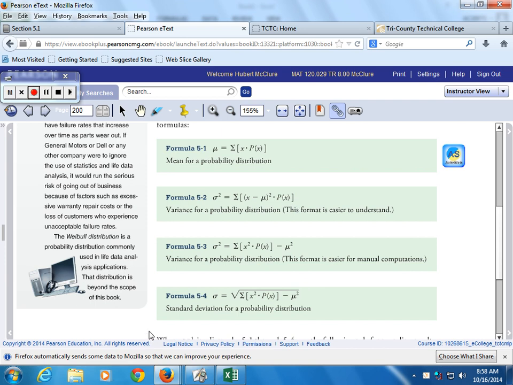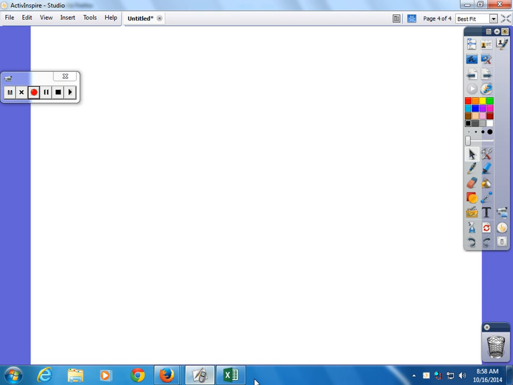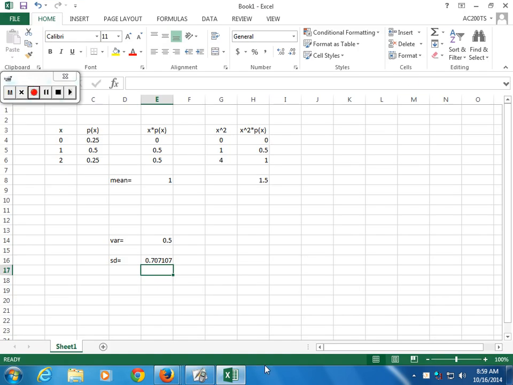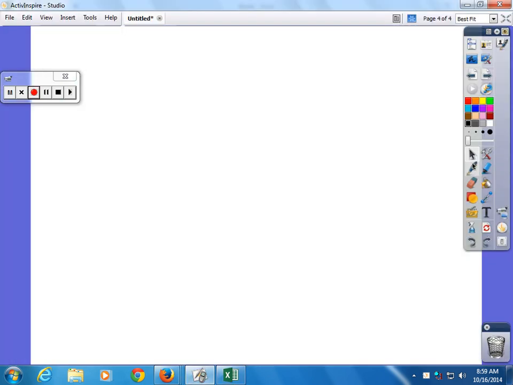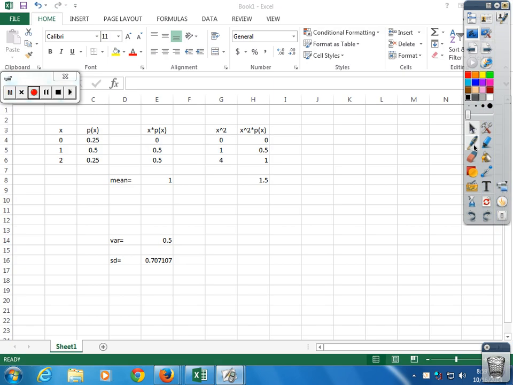Now, what have we done? This is what we've done. We've taken the probabilities given right here. I have no idea what the question's asking, but I'm just using this because we did the babies a while ago. 0 girls, 1 girl, 2 girls.